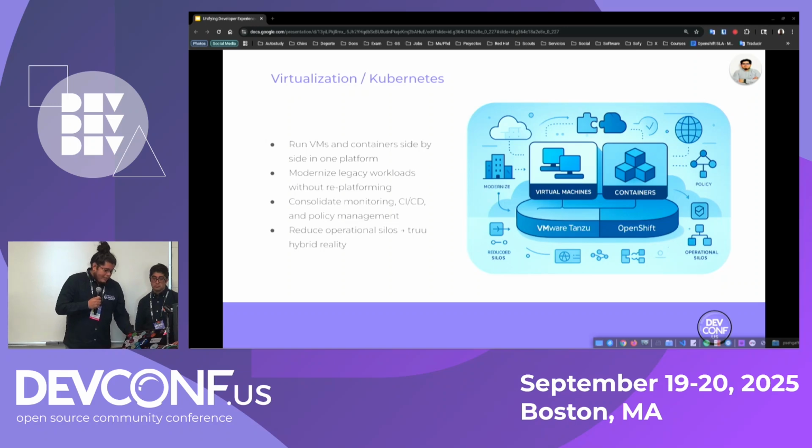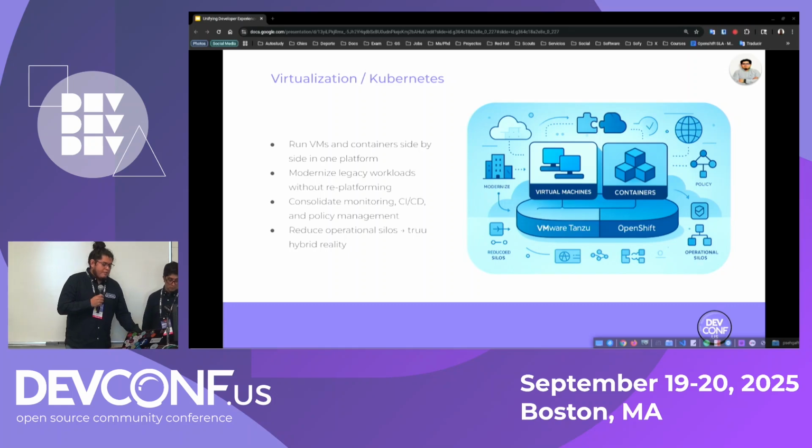Delivering unification at the infrastructure layer, where infrastructure is abstracted with tools like Crossplane. The next challenge is unifying workloads themselves. This is where virtualization with a Kubernetes platform, or VMware Tanzu, comes in.